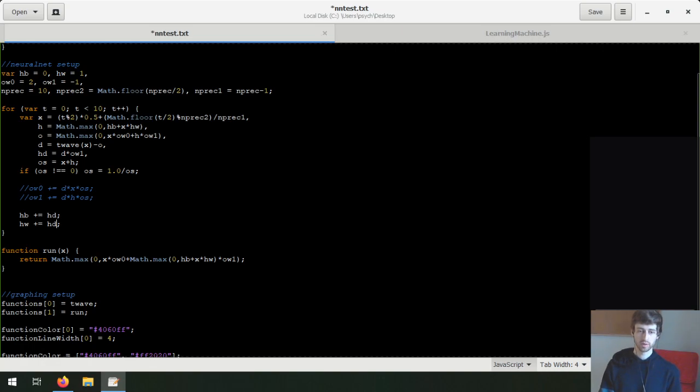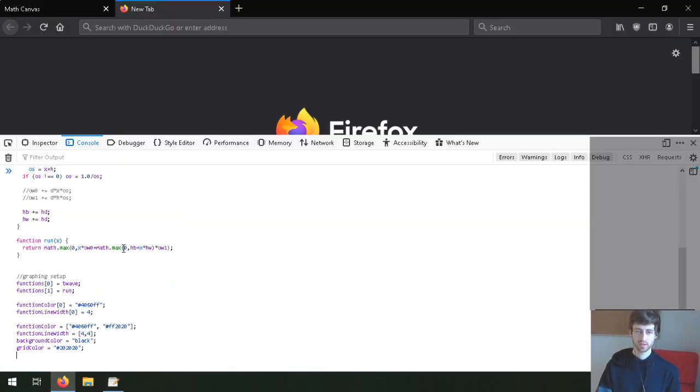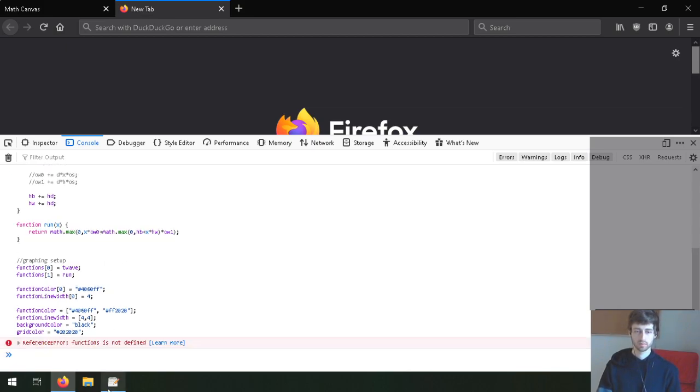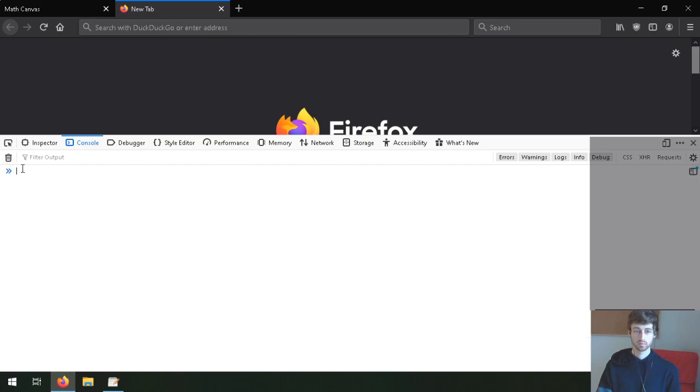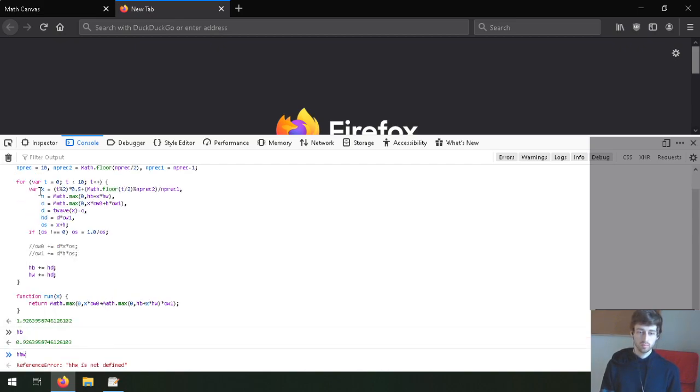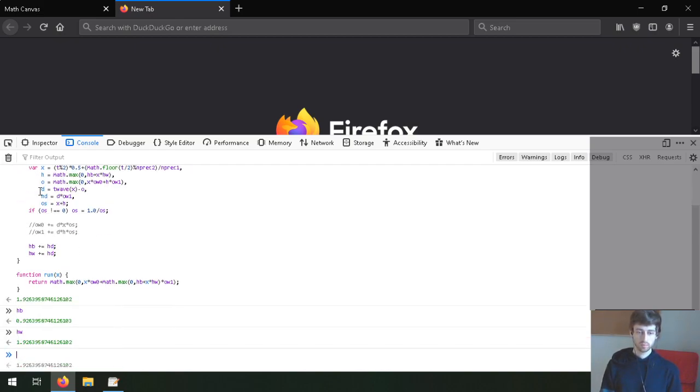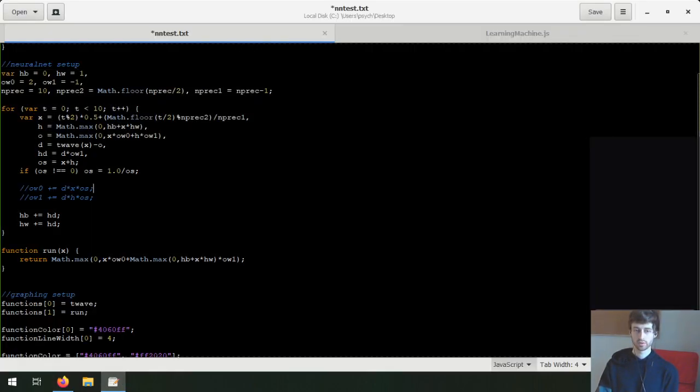If I just took away the multiply x here, they would basically work out to the same thing, right? Okay, guess the one is bigger.